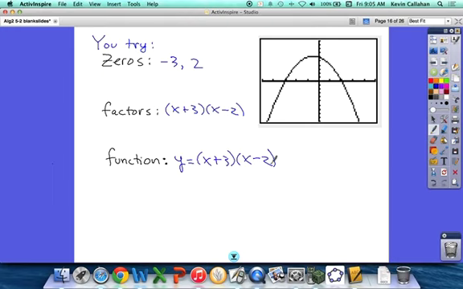Now, if I said put it in standard form, what would you have to do? FOIL. You'd have to multiply them, right? Remember, standard form has no parentheses, got the highest power term on the left, descending order of powers, right? So we could make that into a standard form by doing the multiplication.